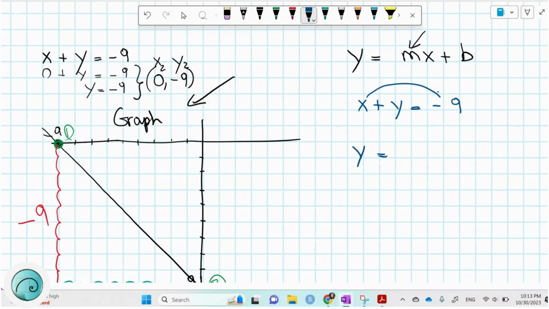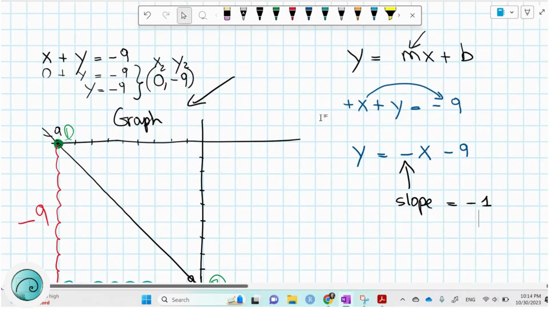I don't want x, so I'm moving x. It's a positive x, I move it to the other side, so it becomes negative x. And then I just bring down minus 9. Now, what number is that really? The number in front of x is the slope. So the slope is, can you see it? Negative 1. Either or, whichever method you prefer.